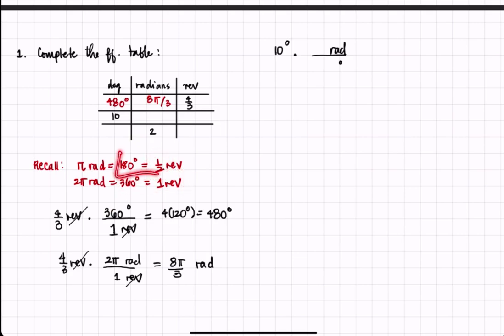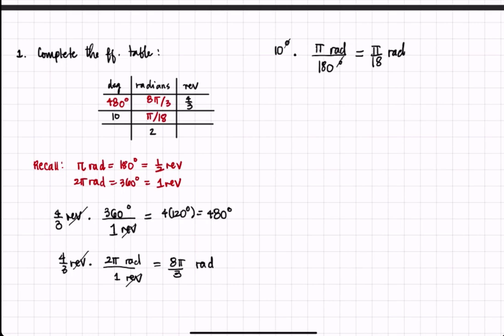But you can also use this one. So, for this row, I will use this. Pi radians is 180 degrees. And as you can see, the degrees cancel out. We get pi over 18 radians.